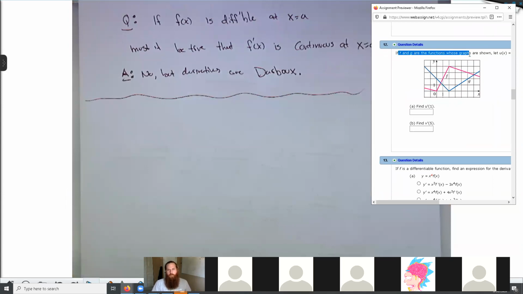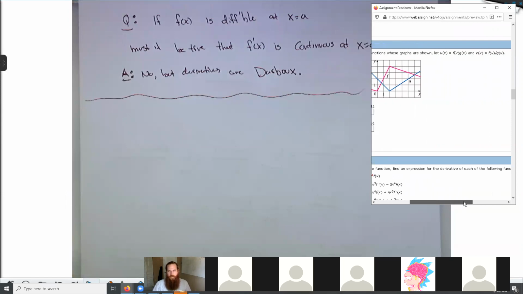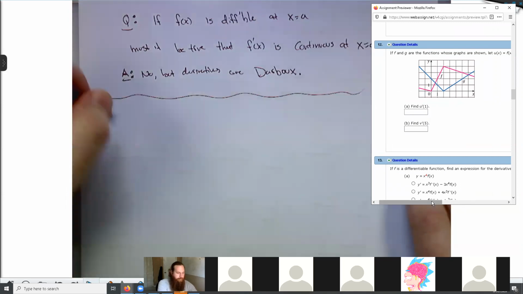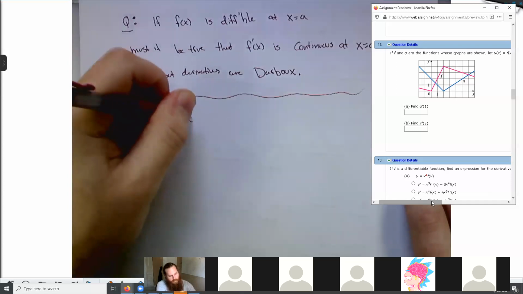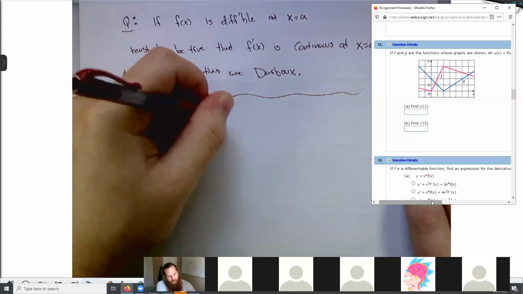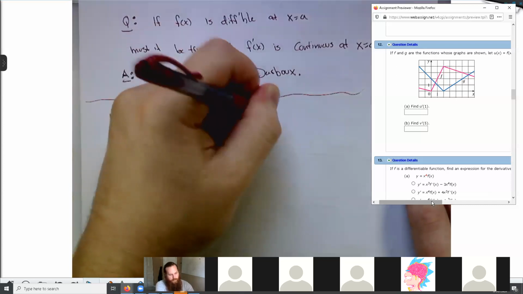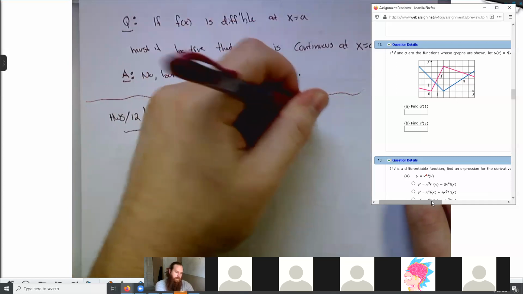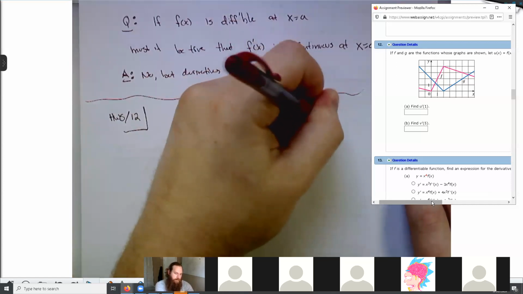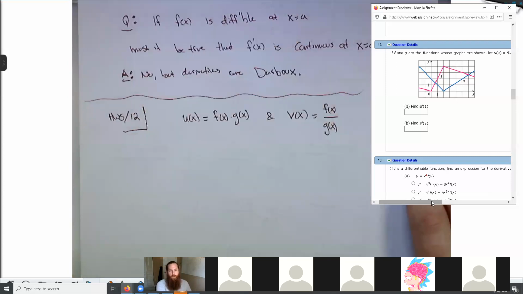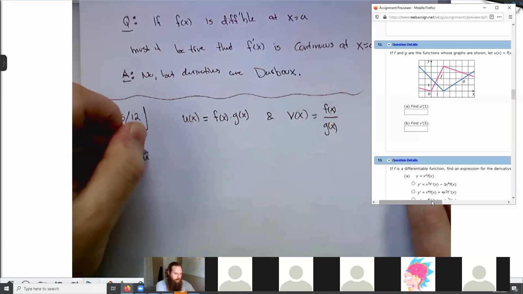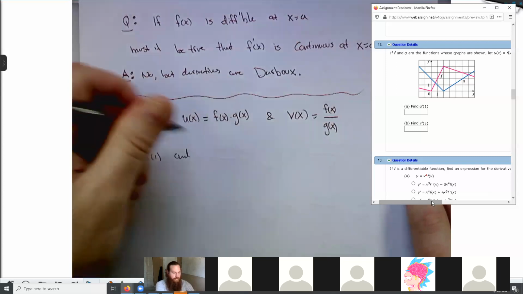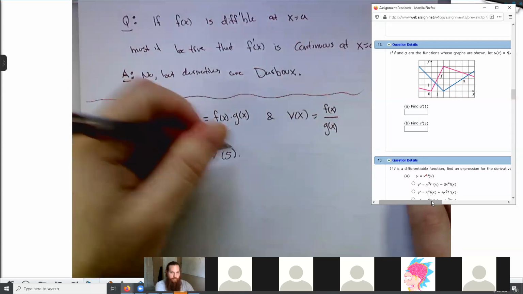For number 12 on homework 5, they give us the graph of f and g. They tell us that u is f times g and v is f over g. So I'll write that down. They want us to find u primed of 1 and v primed of 5.